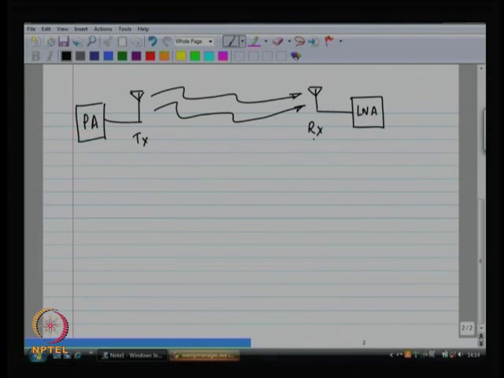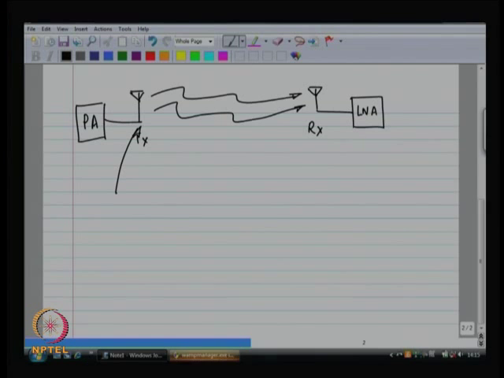Now, the transmitter antenna has a certain characteristic impedance. So, we are going to talk about this today. What does this mean? So has the receive antenna. It has a certain characteristic impedance.